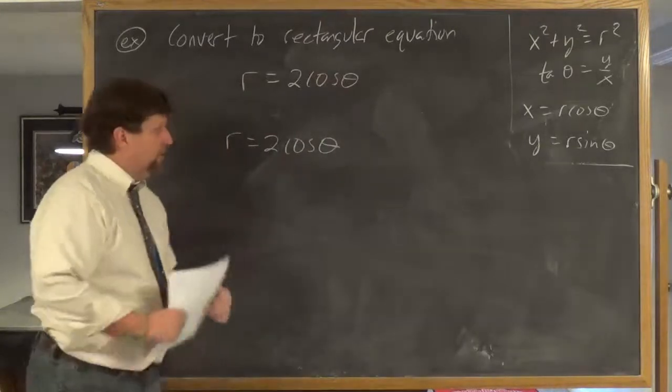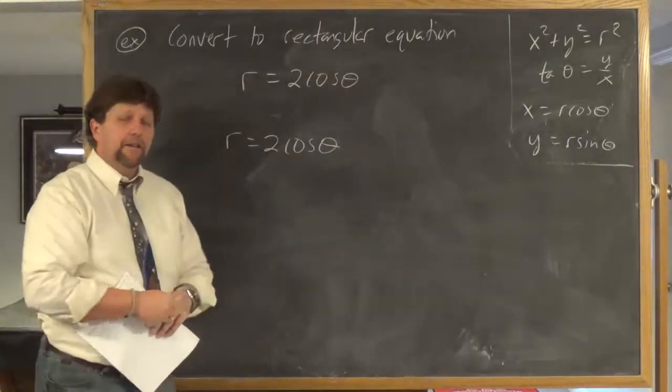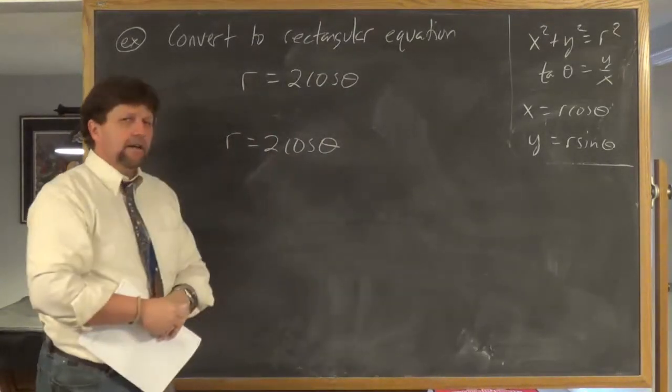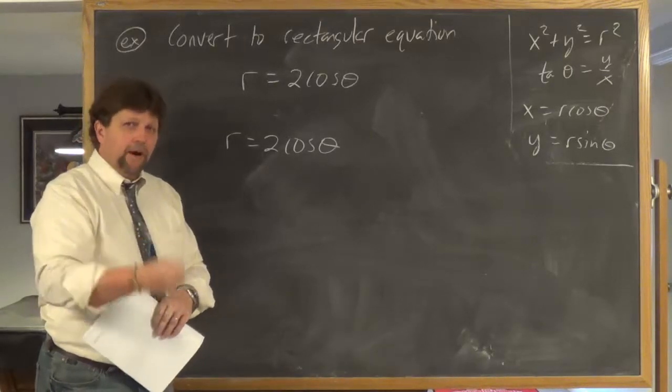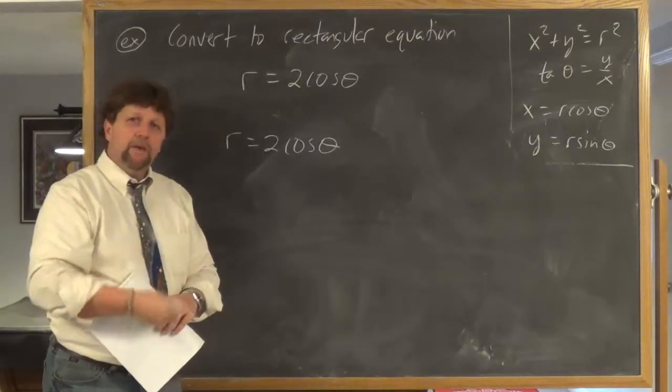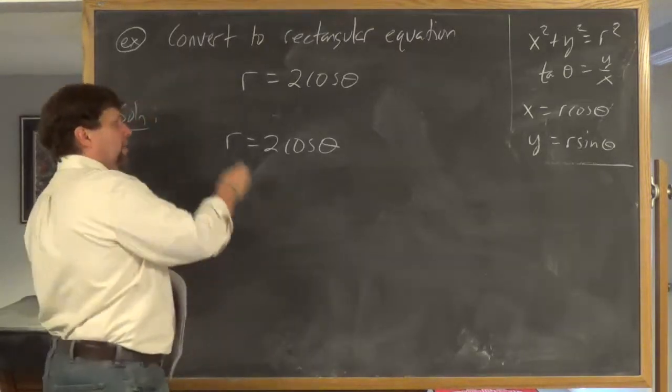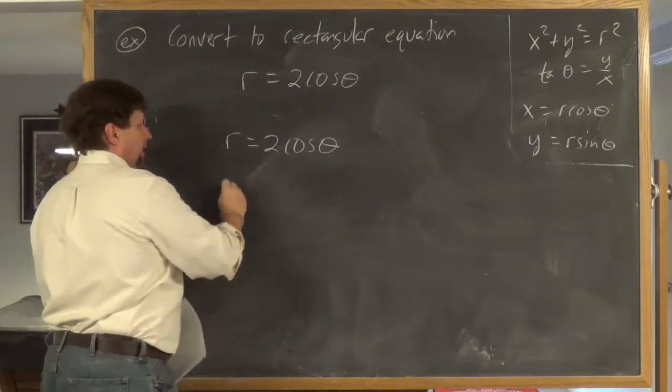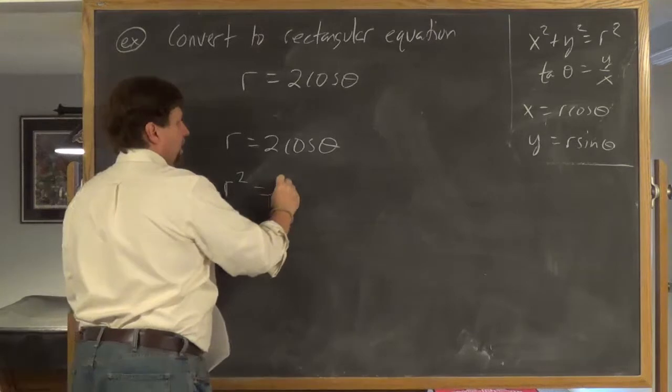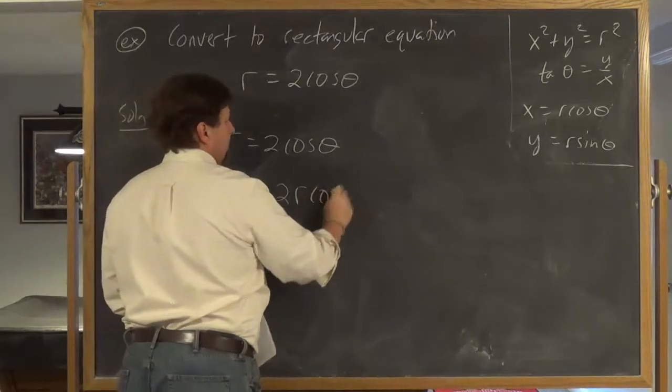So what could I do, legally, to get an r in there? That's right, just multiply both sides of the equation by r. If I multiply both sides of the equation by r, I get r squared is equal to 2r cosine theta.